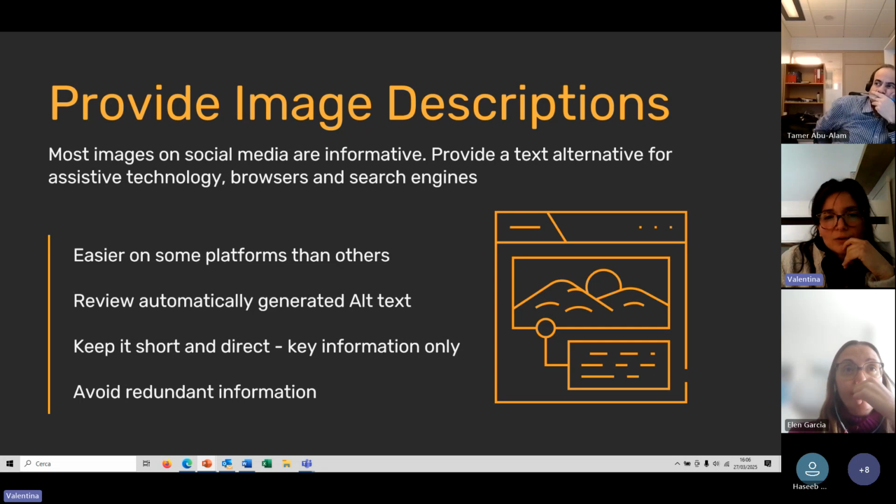This is about the description of the image, but I think most of you are now using social media, for example Instagram or YouTube, and you probably already know that you should use alt text, the alternative text. Most social media now have automatically generated alt text, so you can simply add it, and it's very important.